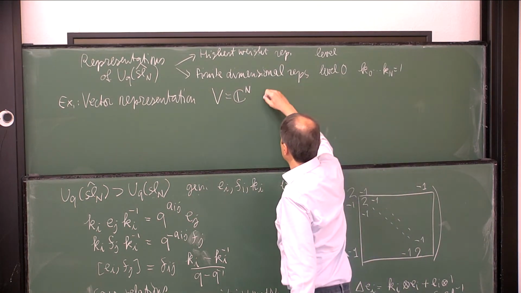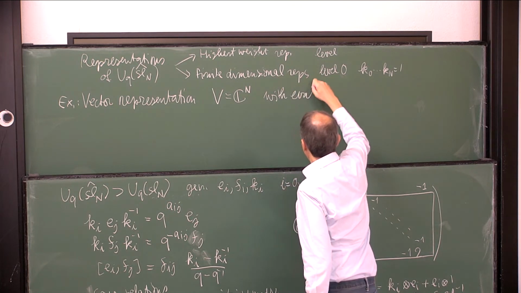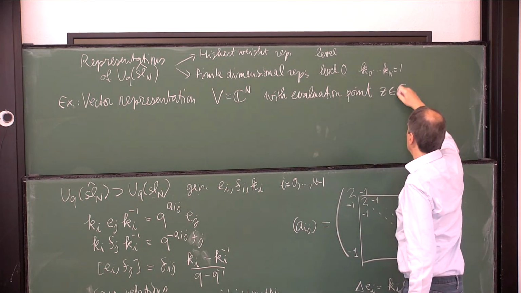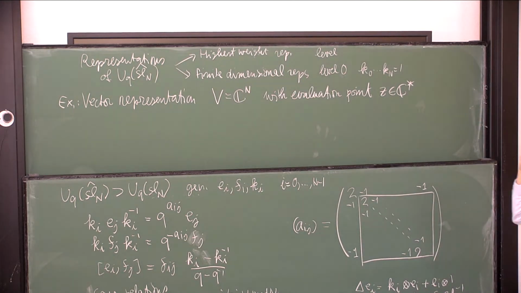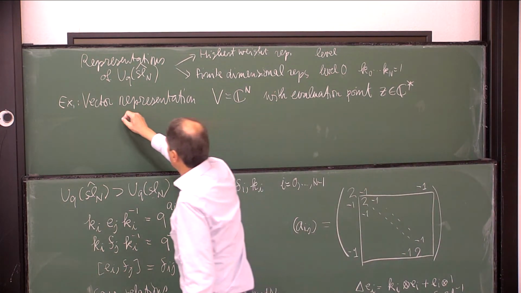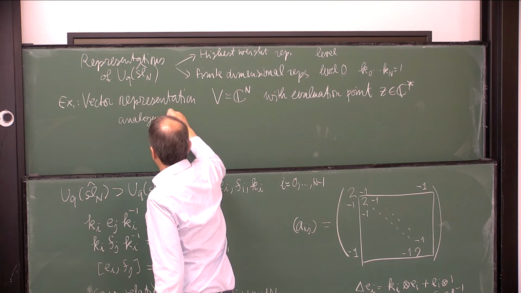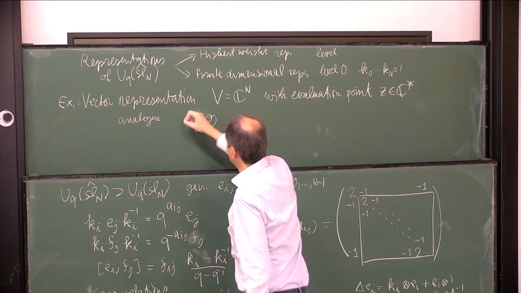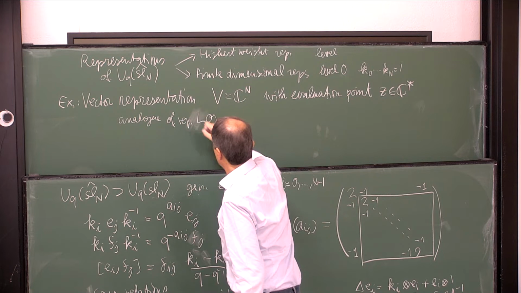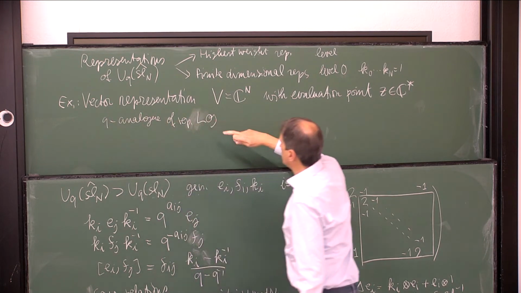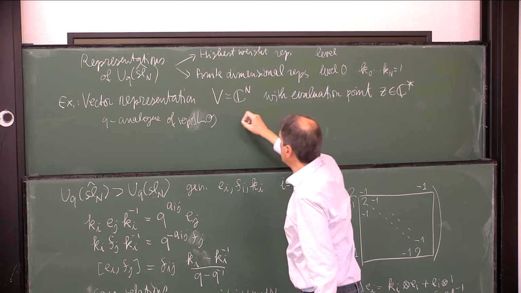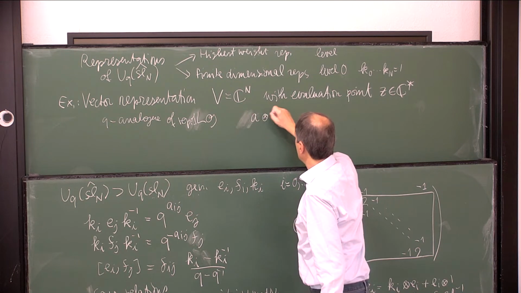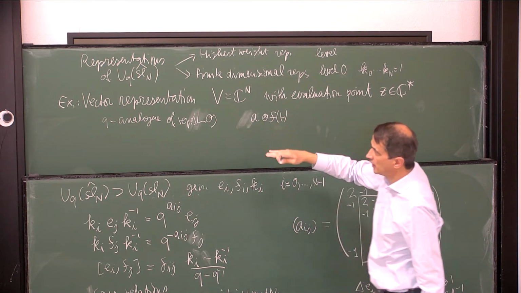So maybe I will say, with evaluation point in C star, namely, it is the q-analog of the representation of the loop algebra, which takes g times, some element A times a function f of t, a Laurent polynomial f of t.